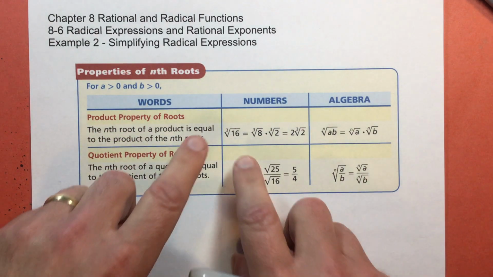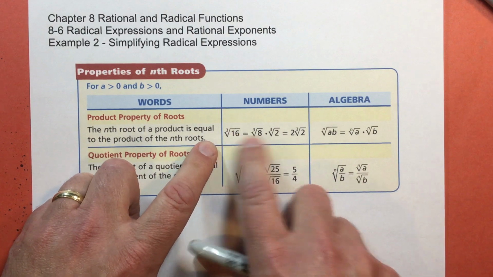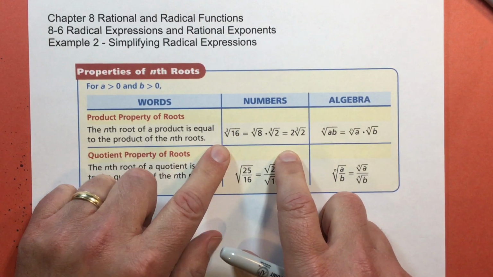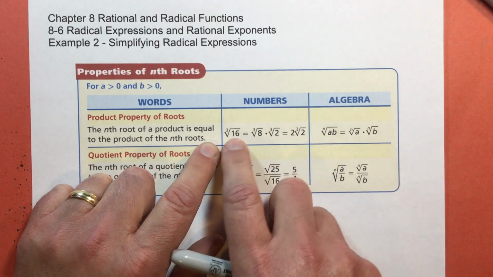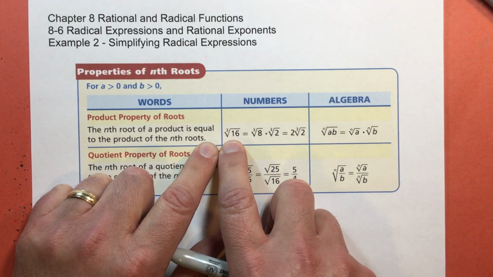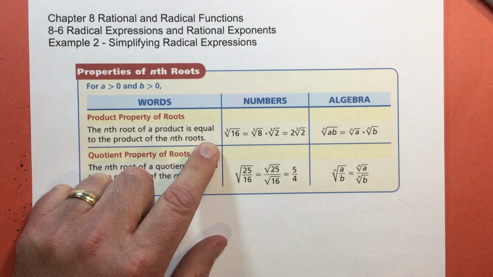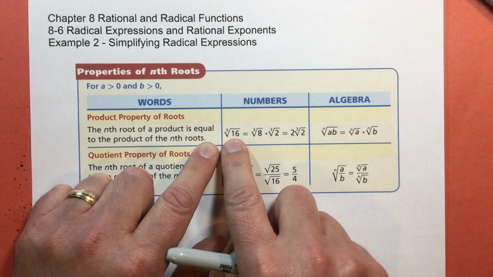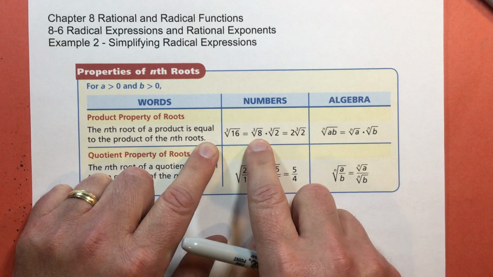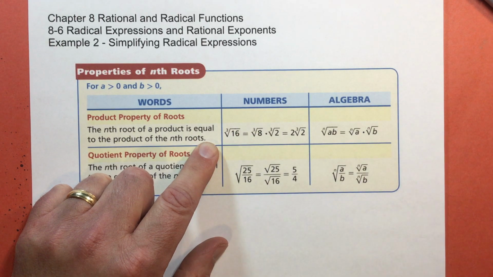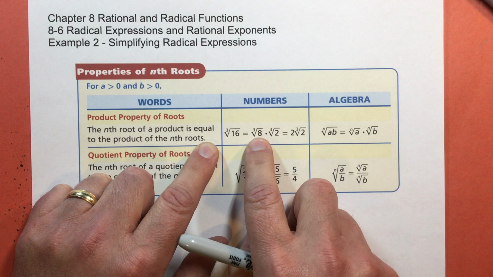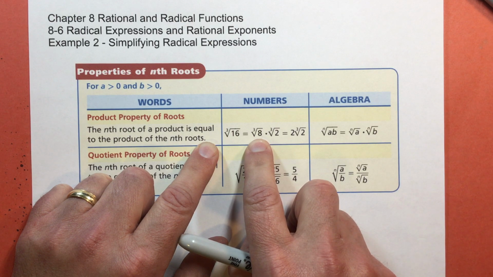So in this example, going this direction, which to me seems like it'd be backwards, but that's okay. If I take the cube root of 16, now I don't know what the cube root of 16 is, but I do know that 16 can be factored into 8 times 2. Now why 8 times 2? Because 8 is 2 to the third power.